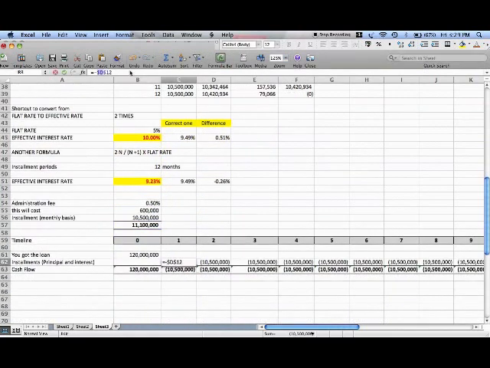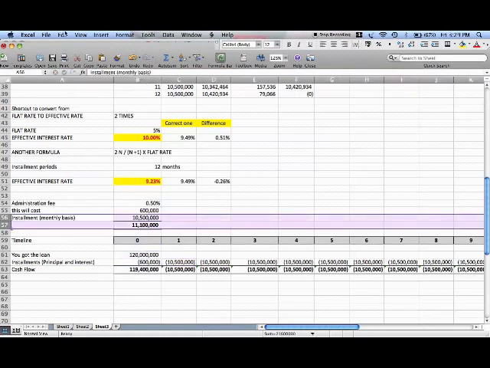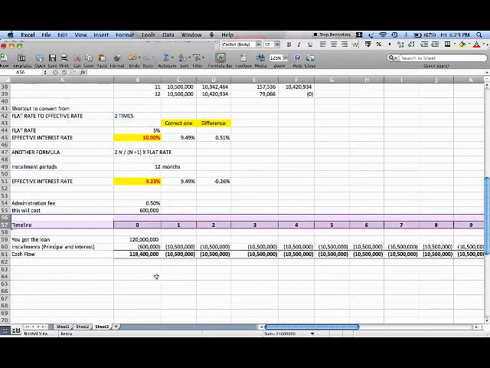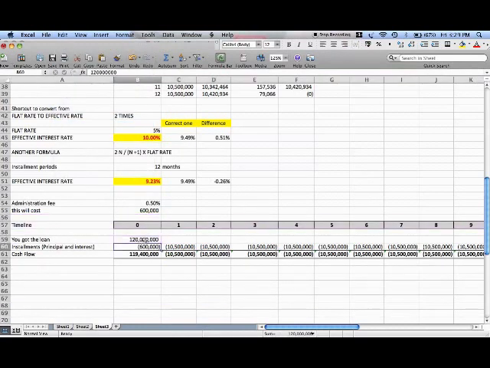I link it to the new installment. Oh, this is the upfront, so sorry, this is minus. Your installment is the same. So from 120 million, you only receive 119.4 million rupiah, because this should be reduced with your administration fee collected upfront, and then you have the same installments.